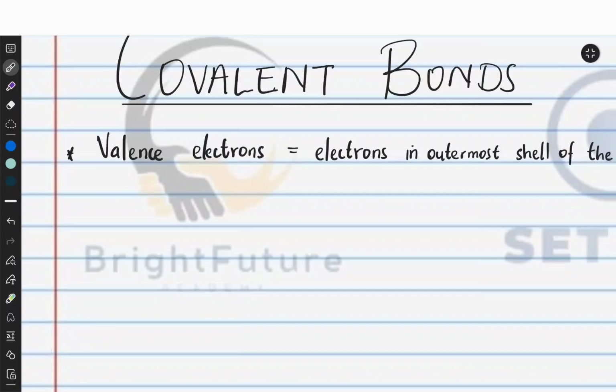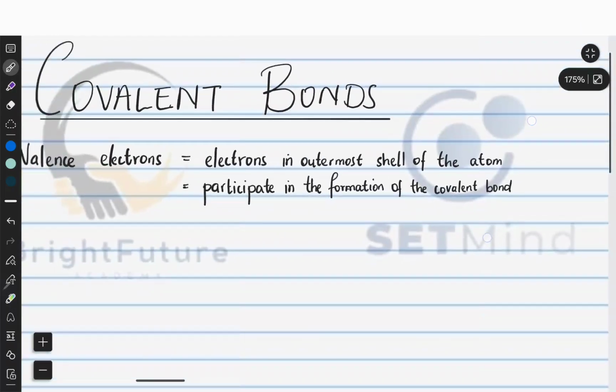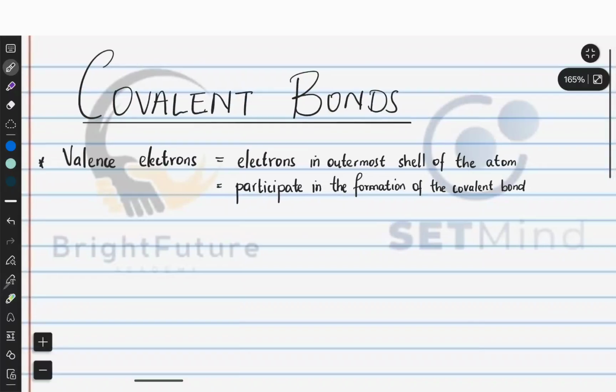Now what happens is these are the same electrons that will participate when we form a covalent bond, all right? They participate in the formation of the covalent bond. Okay, that's another thing we need to note. But of course, there's a bit of a caveat to this.